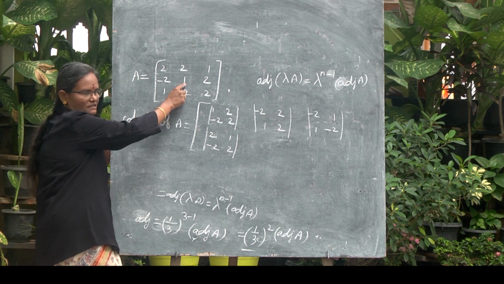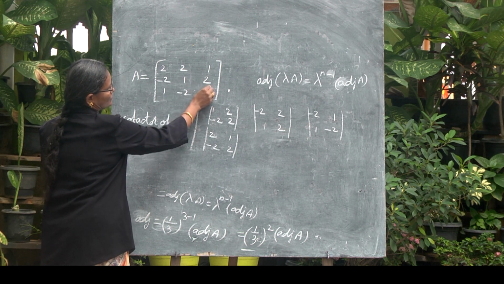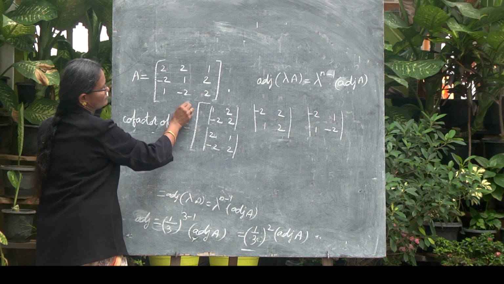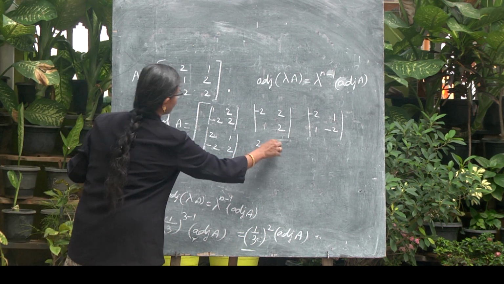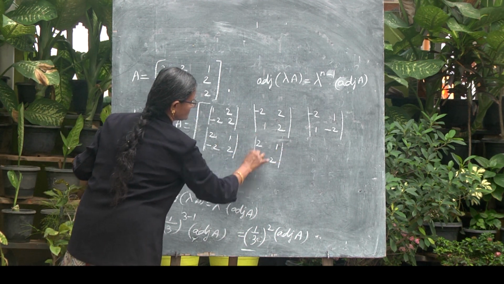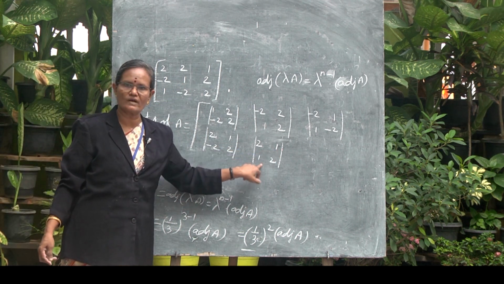The position of 1 is second row, second column. Ignore that second row and second column. What are the remaining elements here? 2, 1, 1, 2. So the minor of 1 is 2, 1, 1, 2.